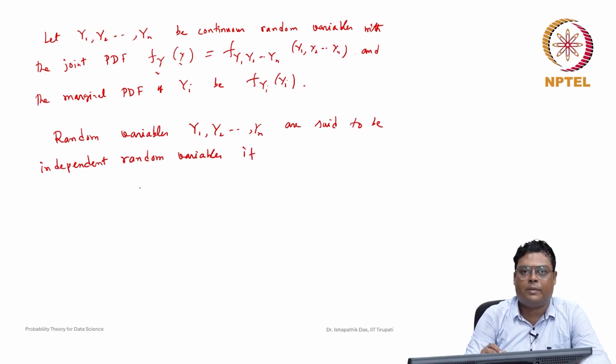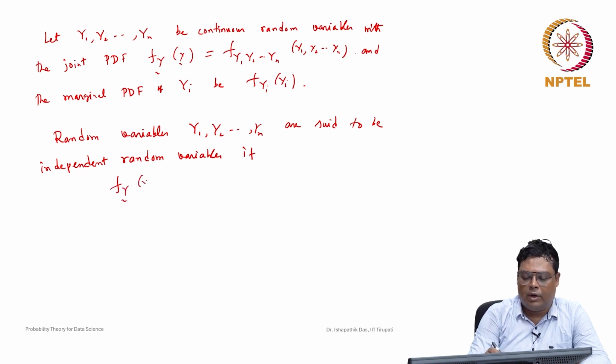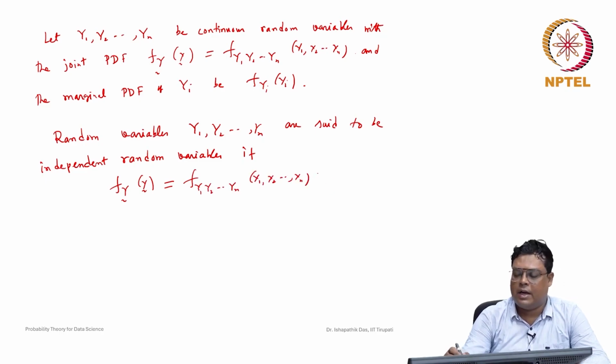Here, probability mass function we talked about when we discussed the discrete cases. Here, because we are considering continuous cases, the joint probability density function, we will talk about the joint probability density function in case of continuous cases. I am again writing explicitly the notation so it should be clearly understood. It can be written as their product.